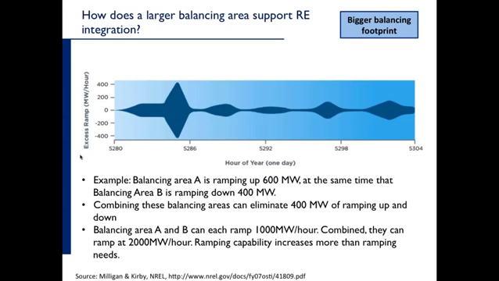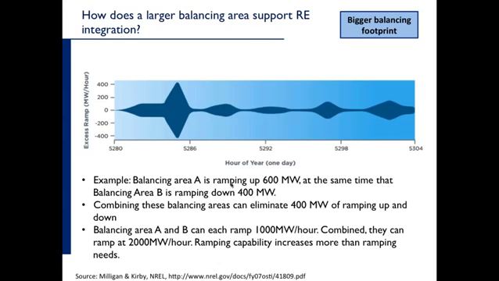So the balancing areas are operating totally separately, and at this moment in time, number 5,284 of our year, we happen to have balancing area A, which is ramping up at 600 megawatts. So its net demand is going up by 600 megawatts. And so what the balancing area operator has to do is dispatch an additional 600 megawatts of generation.